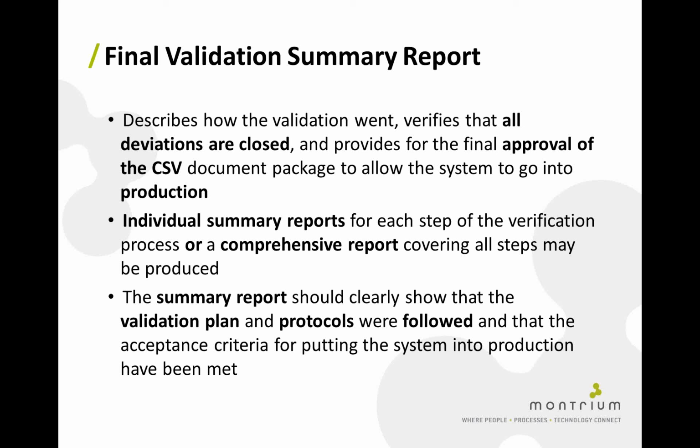It provides us with a mechanism to approve the validation and actually allow the system to go into production. So we clearly describe in this validation summary report how we met the intended use or the acceptance criteria, and we clearly state that the system is fit to go into production.